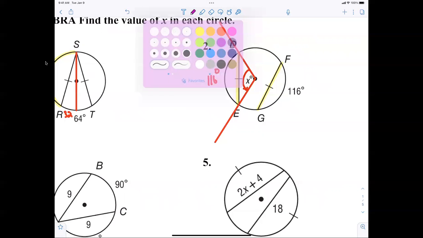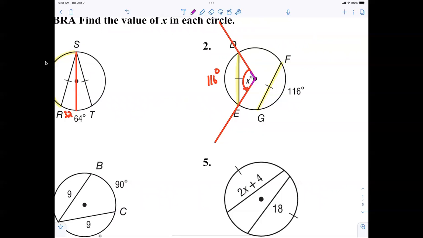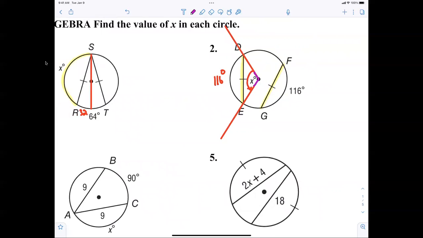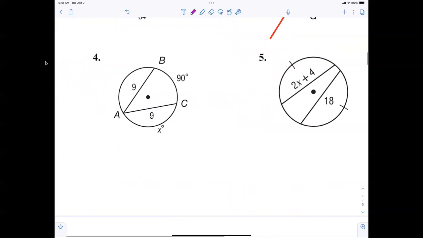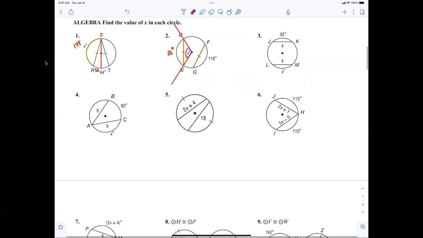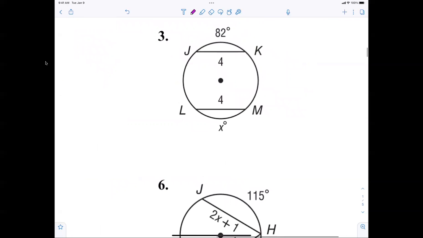If I make the angle really super tiny, that angle is still what? Yeah, 116. It doesn't matter how big it is, the angle stays the same. All right, hopefully that's helpful. So question 2 is 116. Okay, so now, let's look over here.